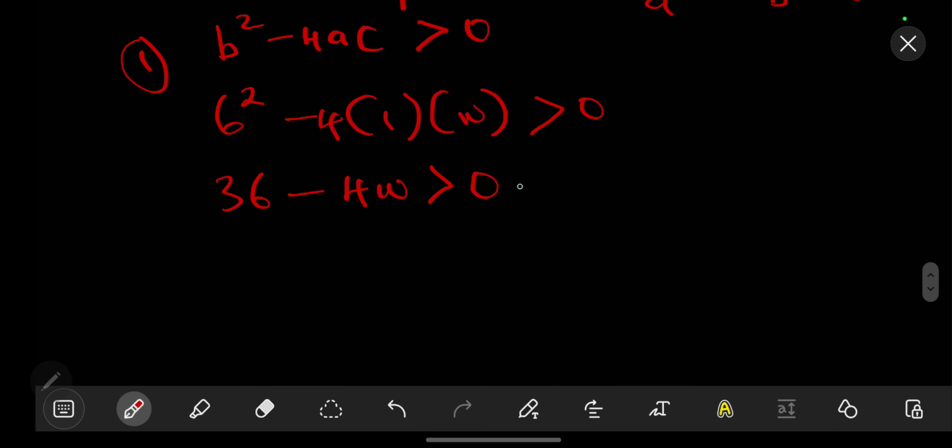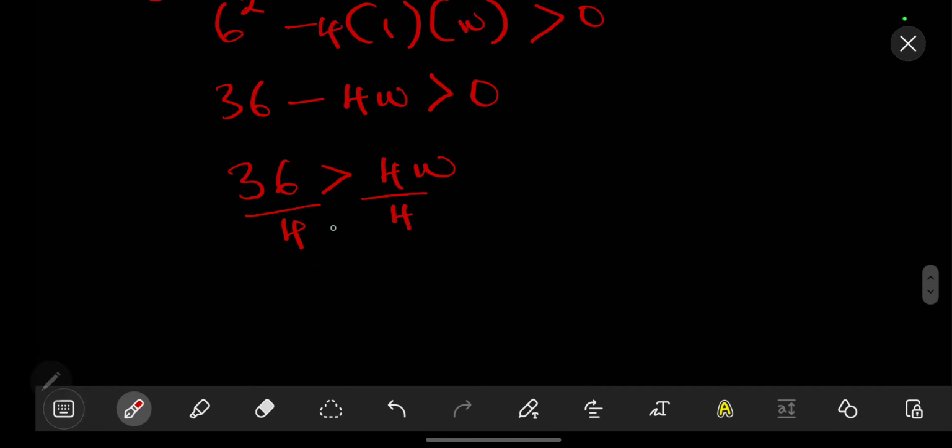So we take the 4w to the other side, we are going to have 36 should be greater than our 4w, over 4, over 4. We are going to have 9 should be greater than w. Now if you decide to take the 36 there, it will be negative 4w should be greater than negative 36.